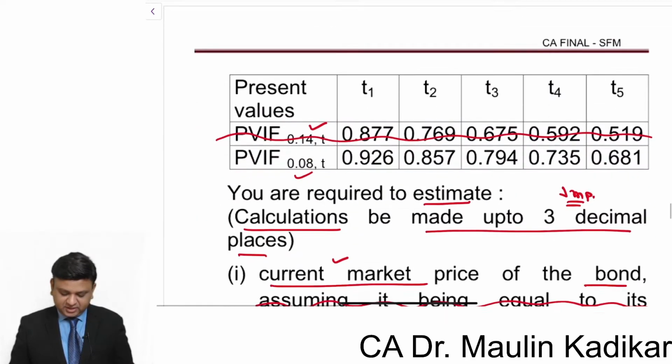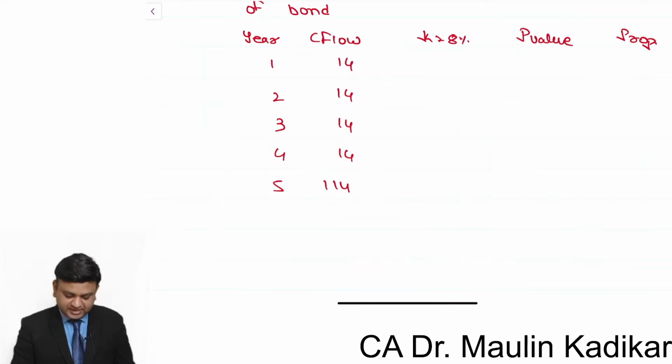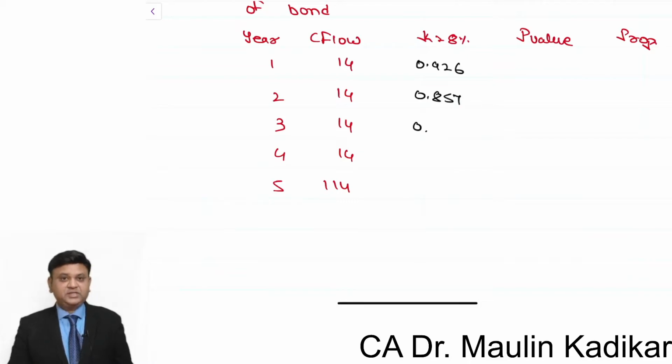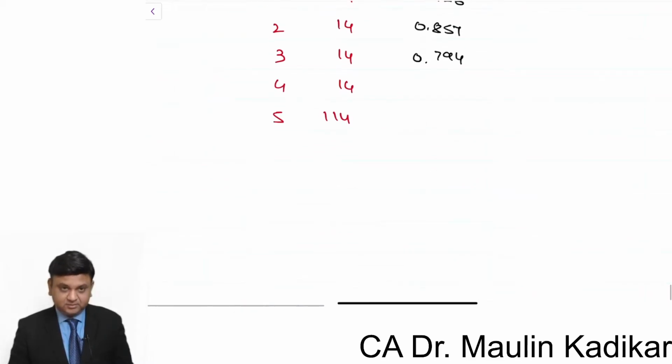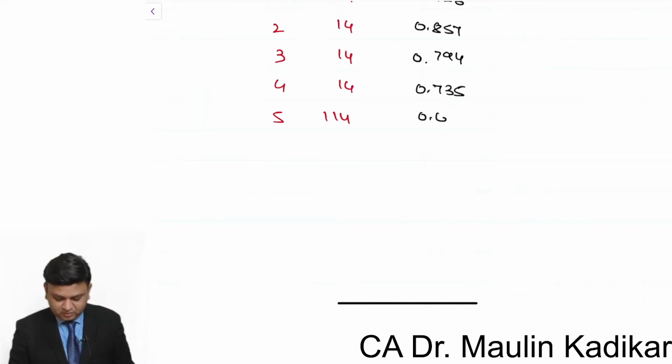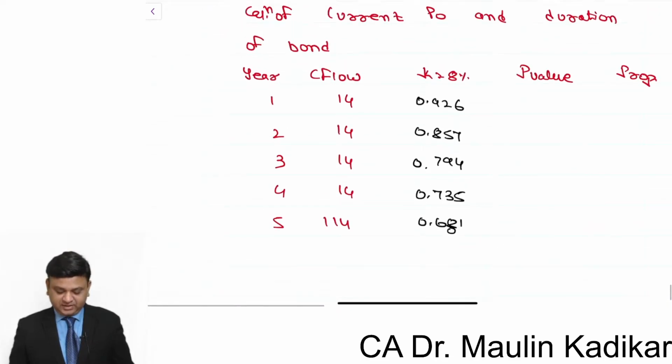Discounting factors at 8% are provided: first year 0.926, second year 0.857, third year 0.794, then 0.735, then 0.681. That is the present value factor.